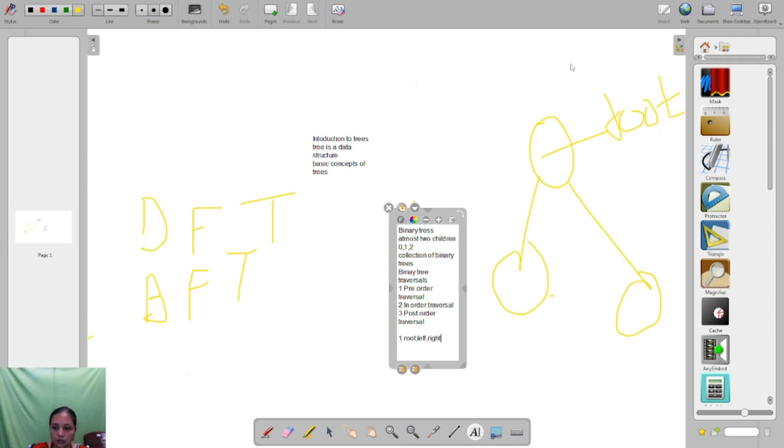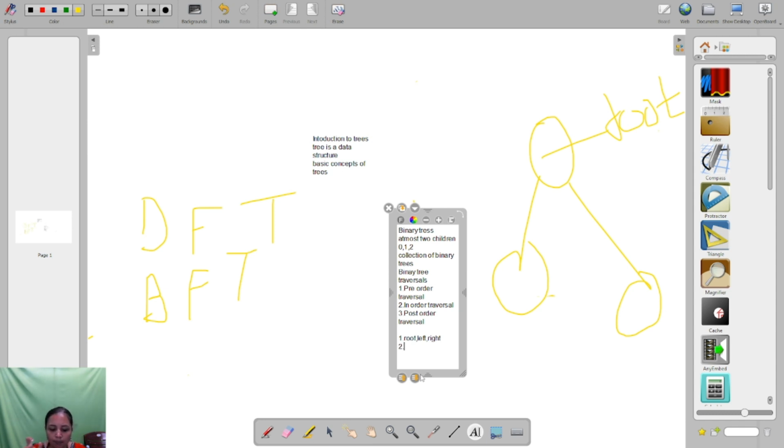So first you visit the root node, second you visit the left node, third you visit the right node. This is the preorder traversal rule.